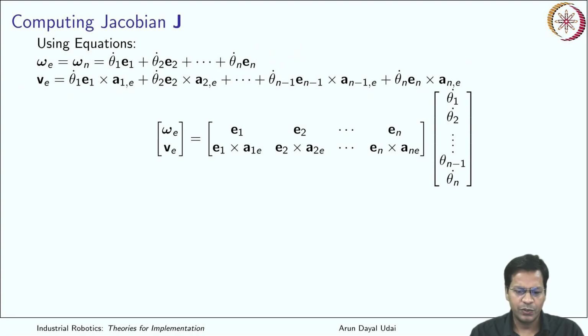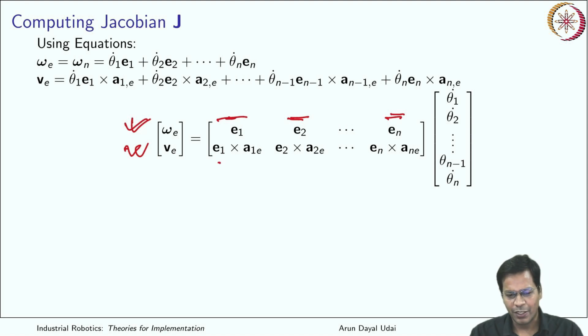Arranging together, you can write the angular velocity and the linear velocity like this in matrix form. And the top one will have these e i vectors, e1, e2, e3. What are these? Basically, these are the Z axes that we normally place at the joint. Got it? So these are nothing but those axes.